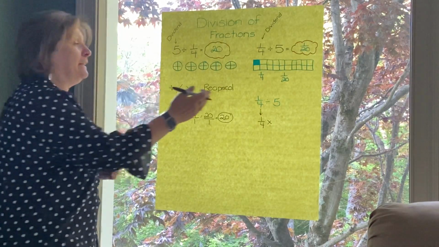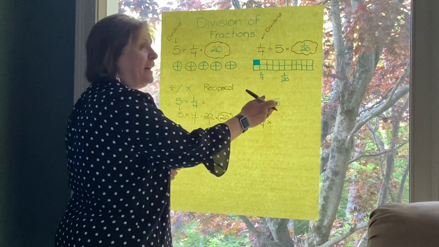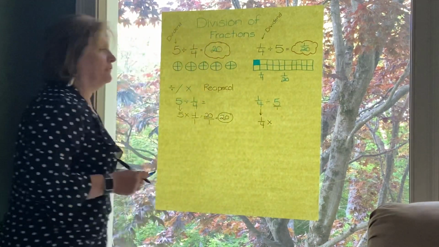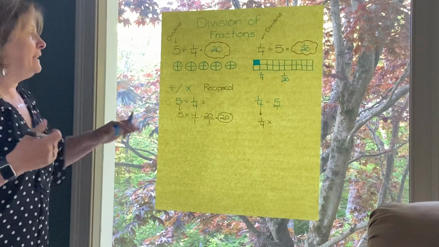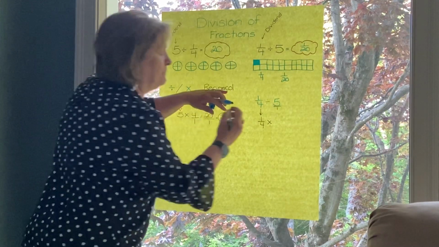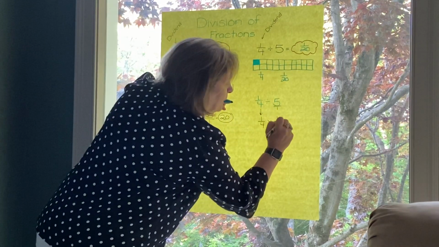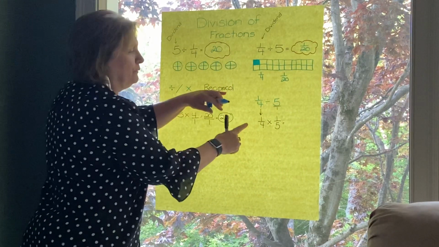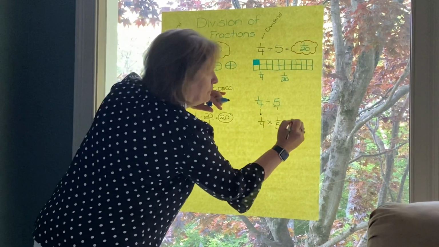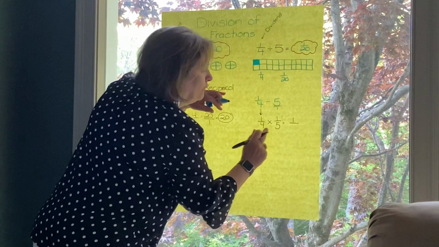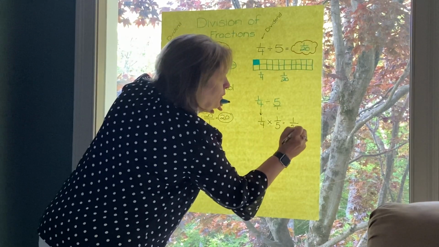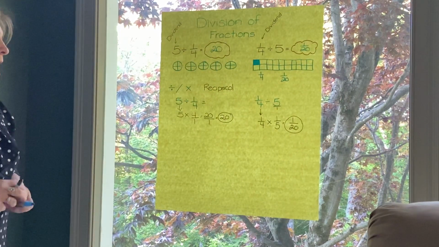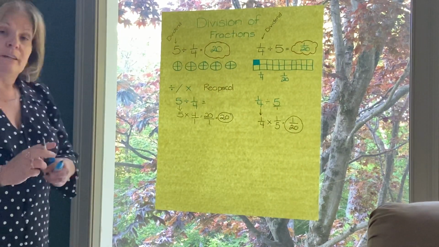And then we do the inverse of 5, which we know as a fraction, 5 can be written as 5/1. So we're looking at the inverse or the reciprocal. And that would be 1/5. And so now when we do the multiplication, 1 times 1 equals 1, 4 times 5 equals 20, and that's how we get 1/20.